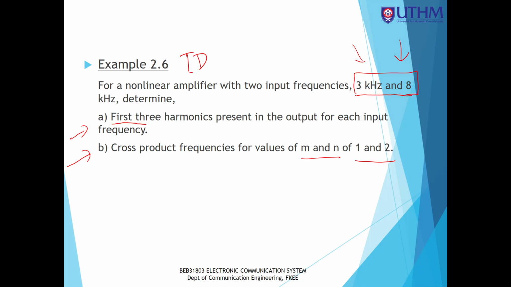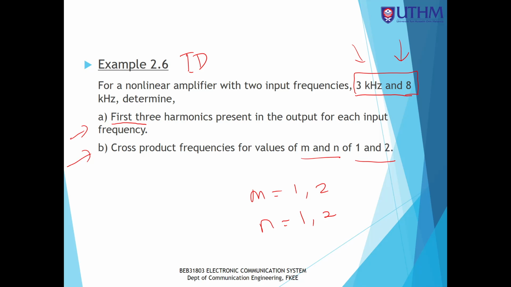Soalan dia sama, a few semesters ago, long time ago, yang mana diberikan soalan yang sama, exactly the same. So for the second question, apa yang dimaksudkan adalah nilai M boleh jadi 1 dan 2, nilai N juga adalah 1 dan 2.